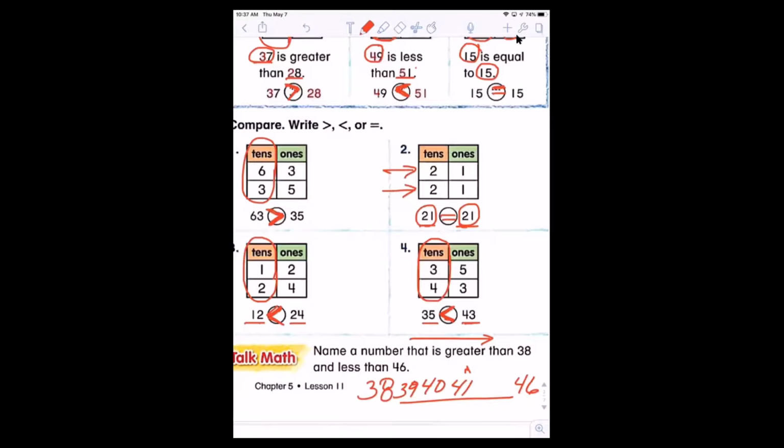What other numbers? Alicia? What other numbers could be between 38 and 46? Unmute yourself, Alicia. What number, Alicia?